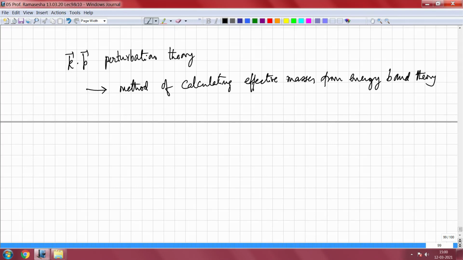So, what is K dot P perturbation theory? To understand it, we know that the eigenstates of a crystal satisfy Bloch's theorem.